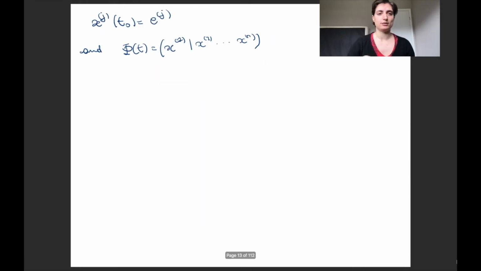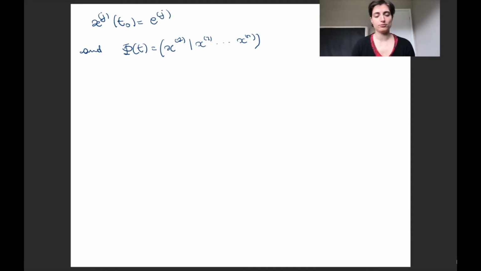If we have that situation, so we can also say that xj at time t0 is equal to the element vector ej, that is this vector of 0 everywhere except at index j, then we can define this matrix phi, in which we are writing, as for the fundamental matrix, column by column our set of fundamental solutions.